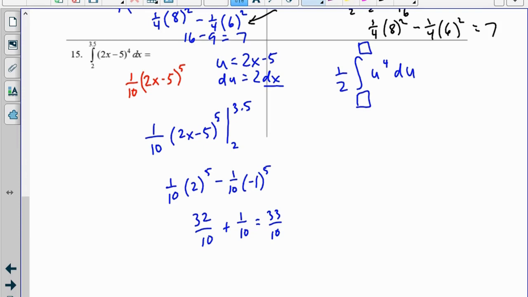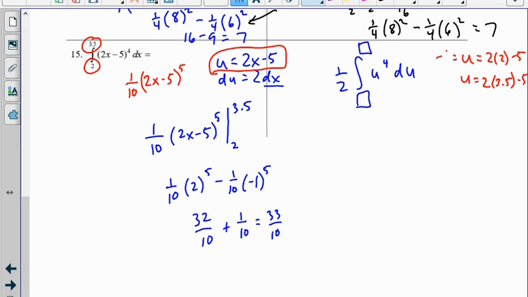I take my original bounds in terms of x and sub them into u equals 2x minus 5. So u equals 2 times 2 minus 5, and u equals 2 times 3.5 minus 5. So in this case, u ranges from -1 to 2.